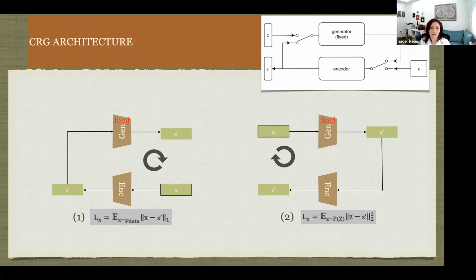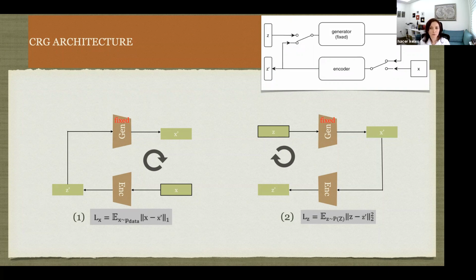Here, fixing the pre-trained generator for each iteration, we updated the encoder parameters only and evaluated the first cycle and second cycle in this order. So in the first cycle, we start with a real image, and in the second cycle, we start with random Z sampling. Remember, Zs are sampled from isotropic Gaussian distributions.